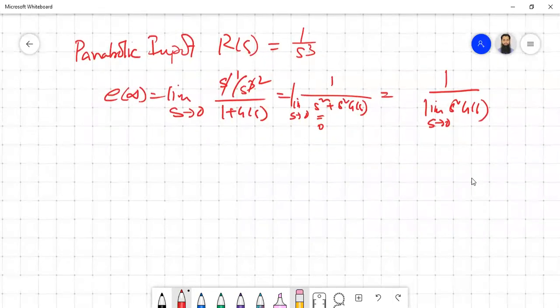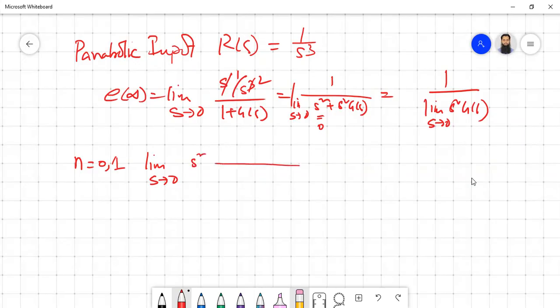Similarly, now if you apply n equal to 0 to this one, then what will happen? Limit s tends to 0. Basically, it will be 0 and 1. So now, if there is no pole at the origin, then what will happen? s square is already there.